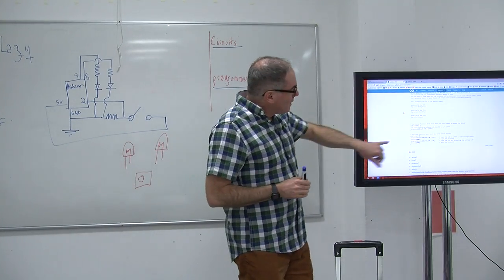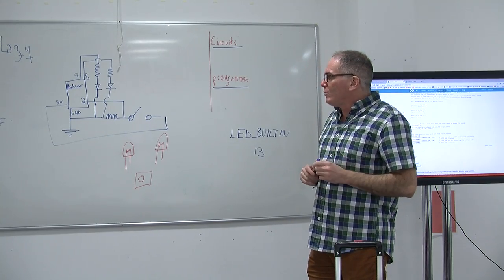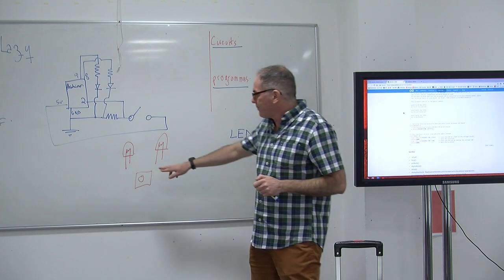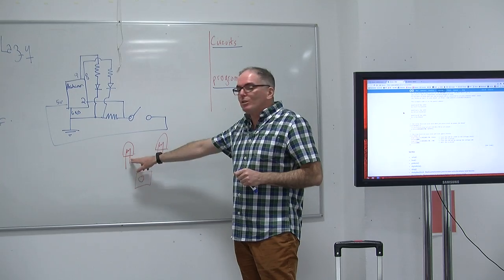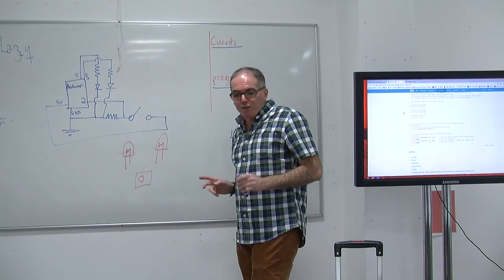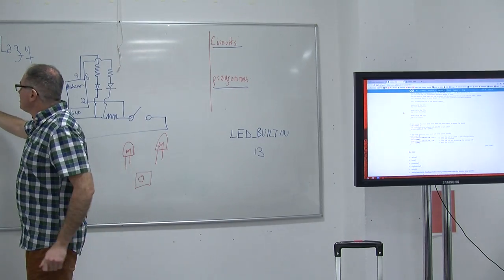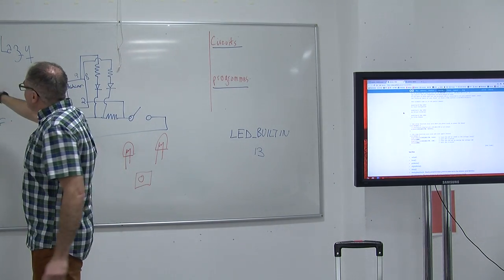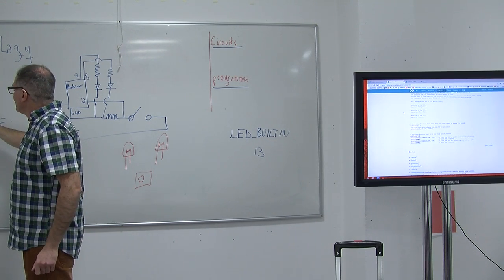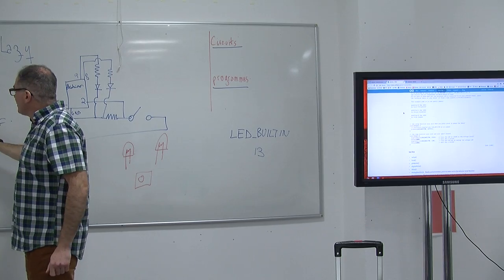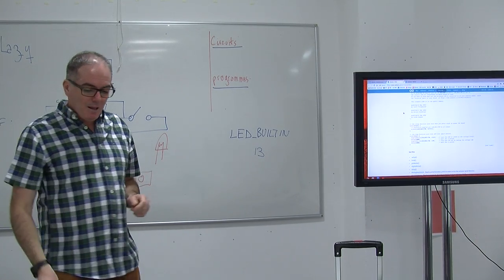Now, we want to do something else. So, we want to have the button controlling which one blinks. First thing we know is at some point we're going to have to change that to either pin 9 or pin 8, depending on what we want. So we're not going to use pin 13 anymore. That's already something we know.